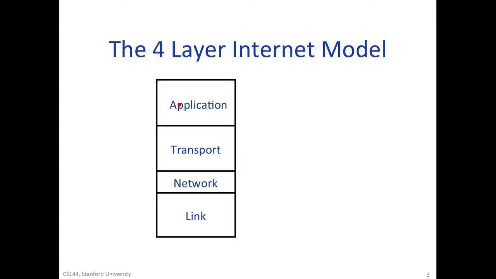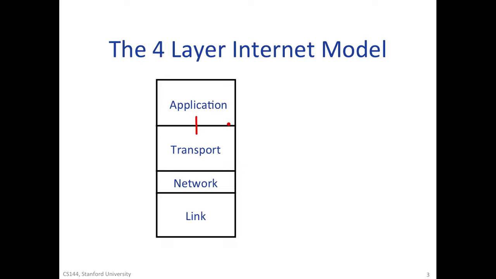What the application does is it calls the transport layer through an interface here. And what the transport layer does is ensure that the bytes that the application wants delivered to the other end of the communication are delivered correctly, that any ones that are missing are retransmitted, and that they're delivered in order.